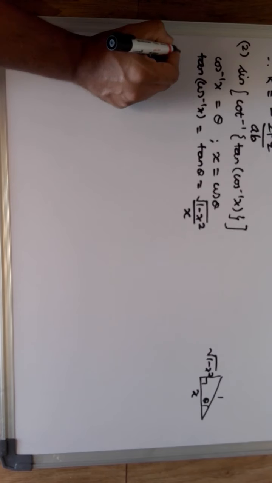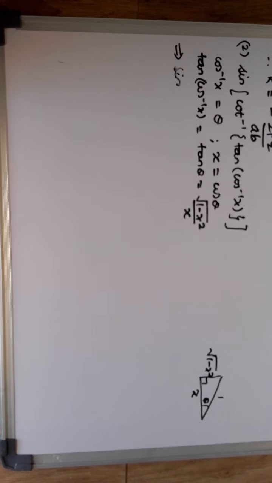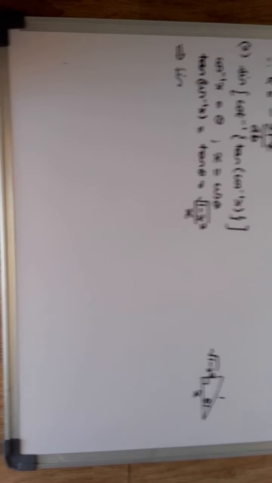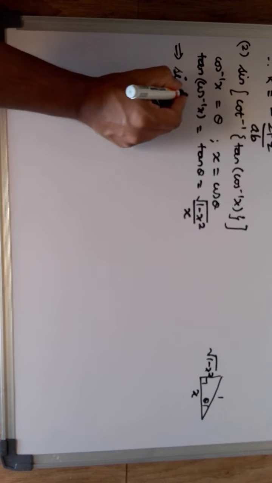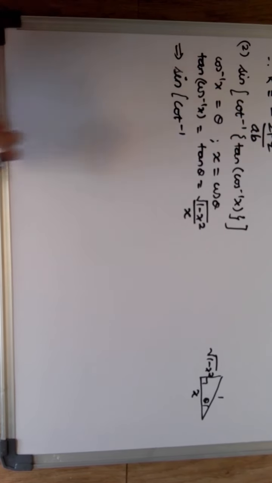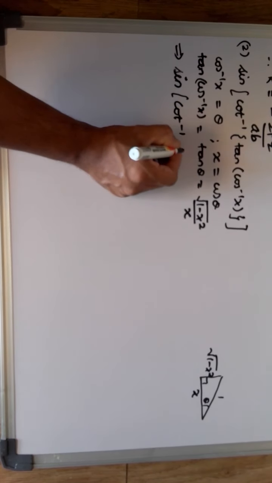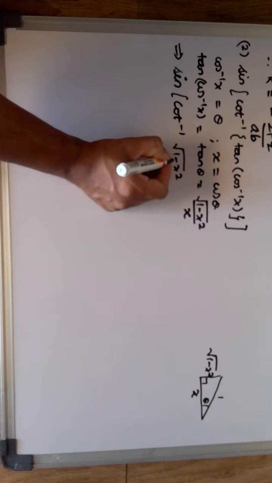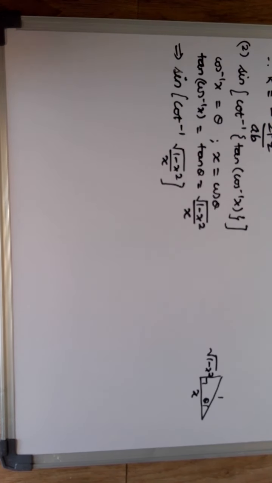So I will write this as, the question becomes sine of cot inverse tan cos inverse x, that is nothing but under root 1 minus x square by x, right? So obviously the system continues now.